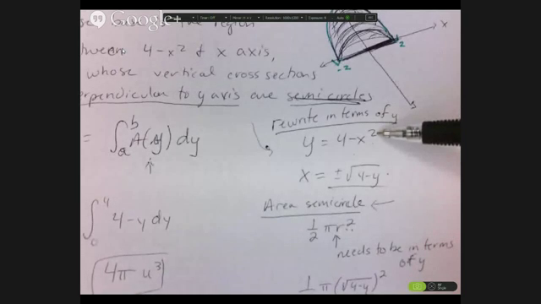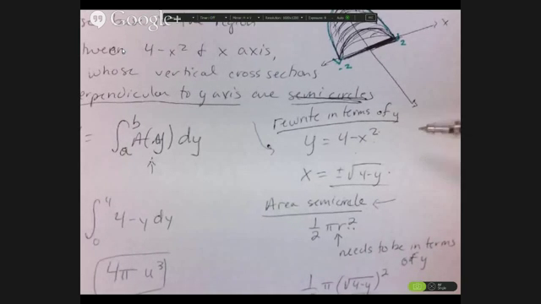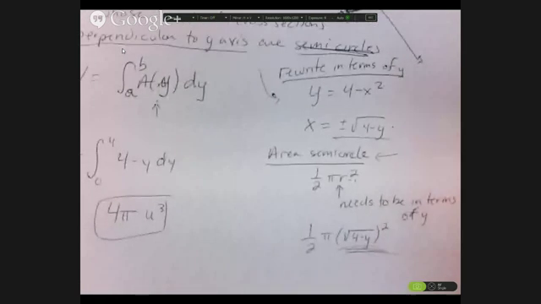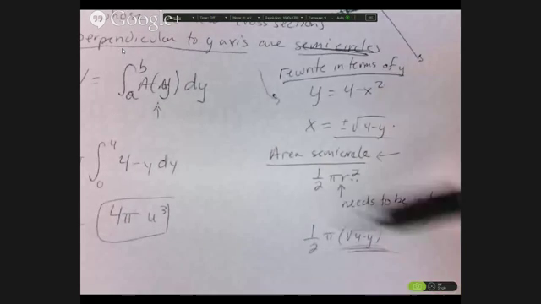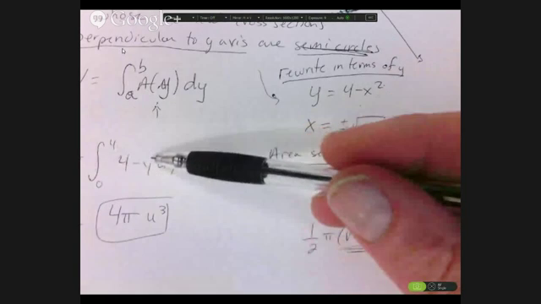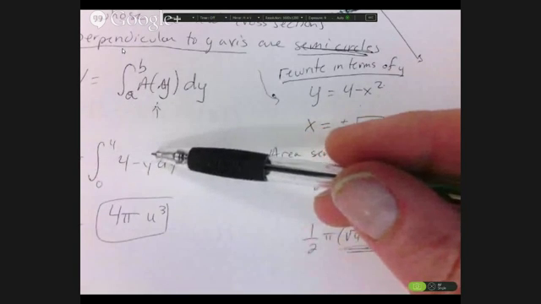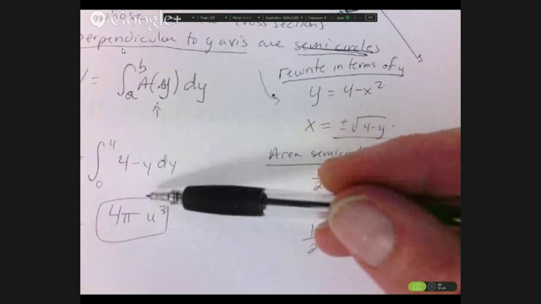It's your radius or your square base. Always, always, always. Keep that in mind. And then you combine these two to create your function in terms of y. So you're integrating an area to get volume.